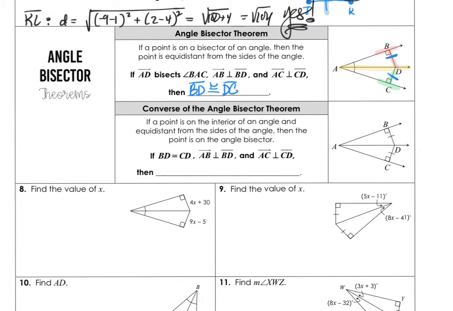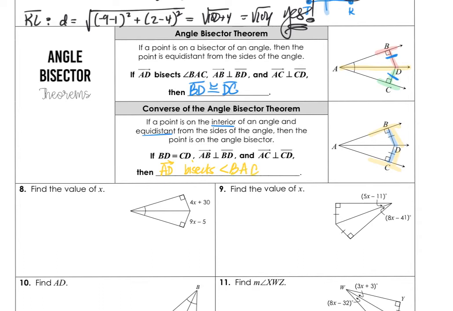The converse of that is also true. If the point is on the interior of an angle and equally distant from the sides of the angle, then the point is on the angle bisector. So we are given that BD is congruent to DC, and we're given that BD is perpendicular to AB, and DC is perpendicular to AC. If that is true, then we can conclude that ray AD bisects angle BAC.